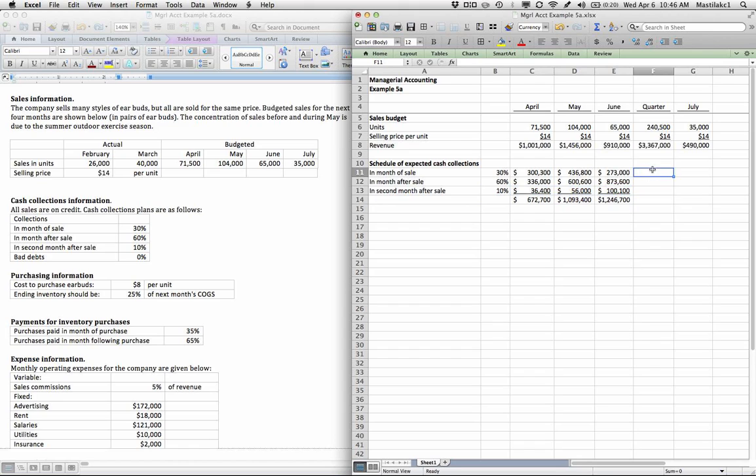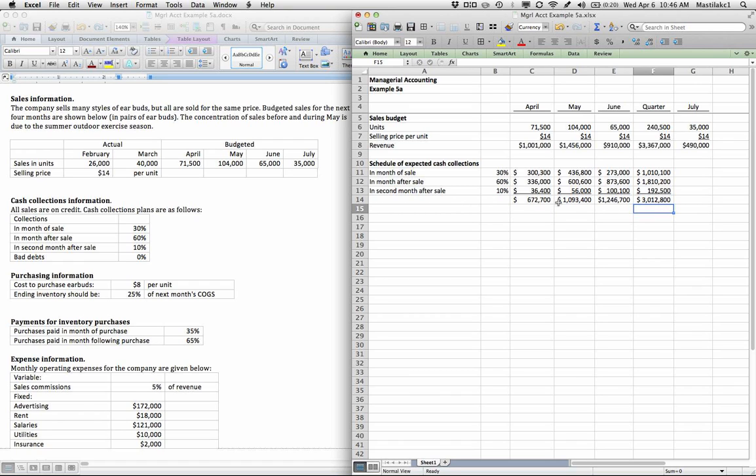And there are cash collections. And for the quarter, we can sum them up this way and say how much are we going to collect in our various buckets of percentages. And the total cash we expect to collect in the quarter is $3,012,800.